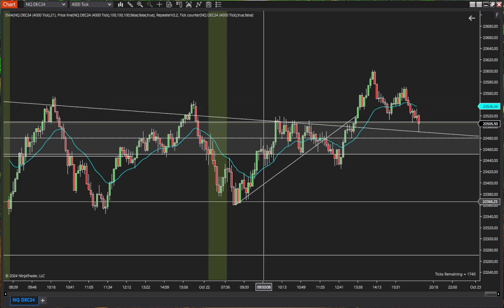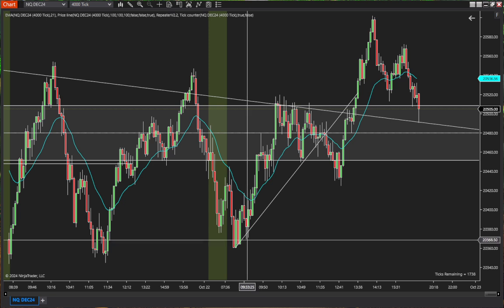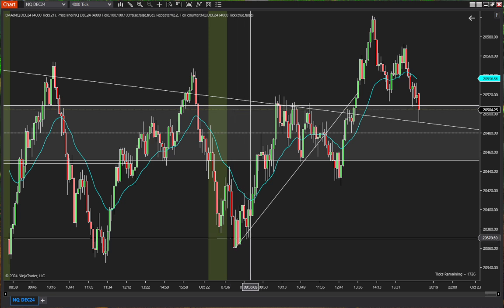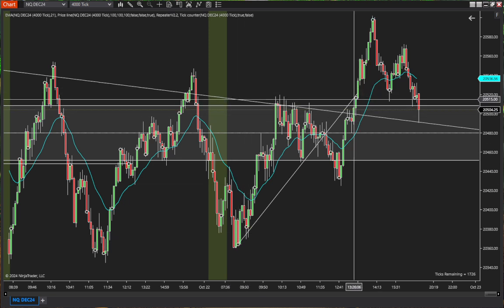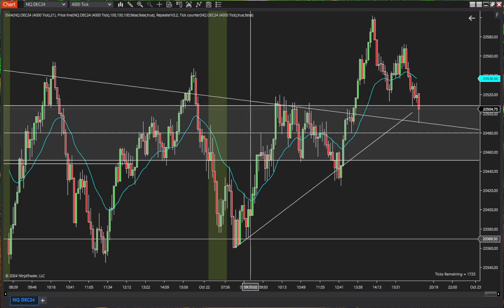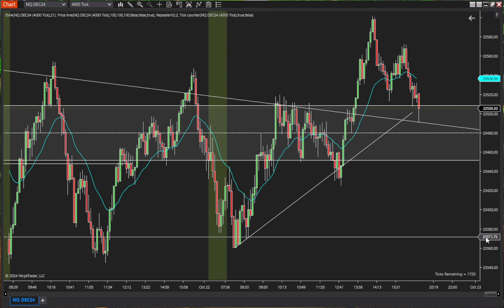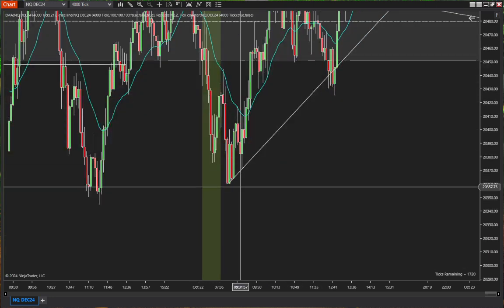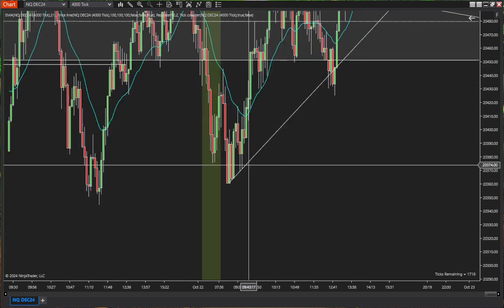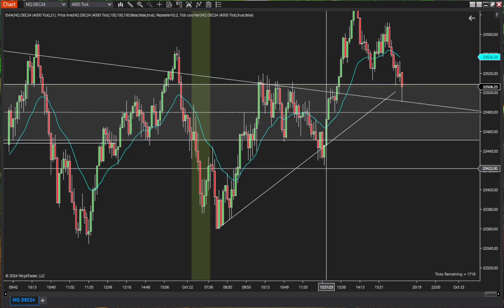But what I liked is I liked how clear this was slowly wicking up, right? I liked how clean it was. This, it looks so clean. How you go from the low, and these two wicks, it's damn near perfect. So I was watching for that to break, to sweep some liquidity.